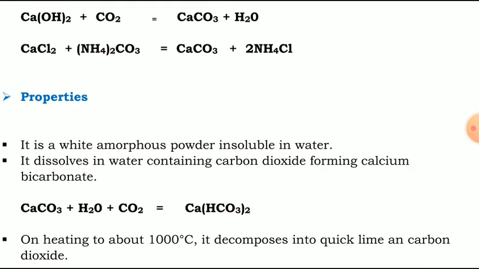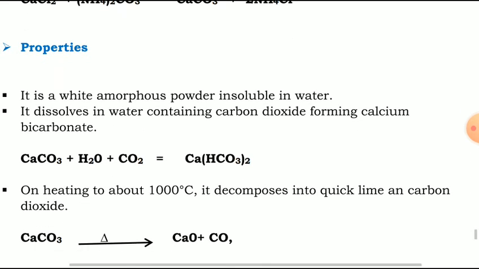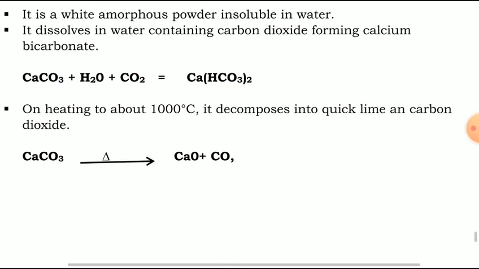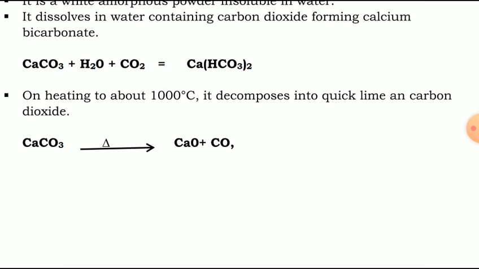On heating to about 1000 degrees Celsius, it decomposes into quicklime and carbon dioxide. See the reaction: calcium carbonate, when heated to 1000 degrees Celsius, converts into calcium oxide, that is quicklime, plus carbon dioxide.